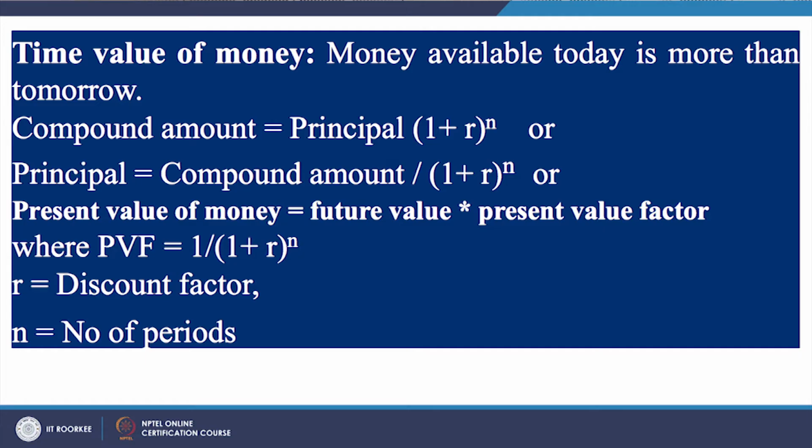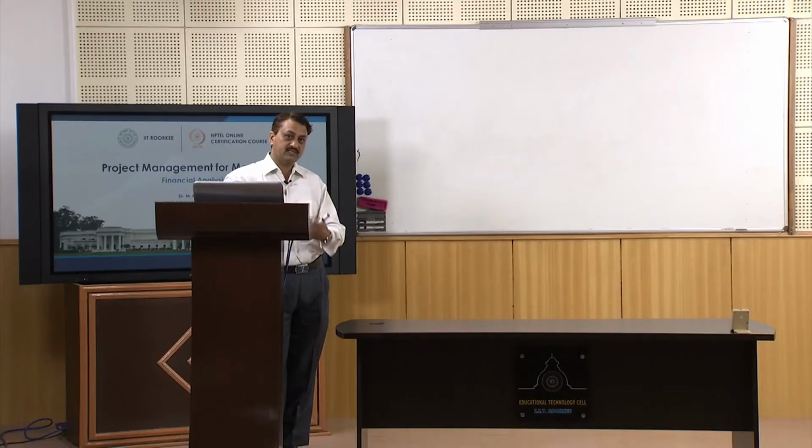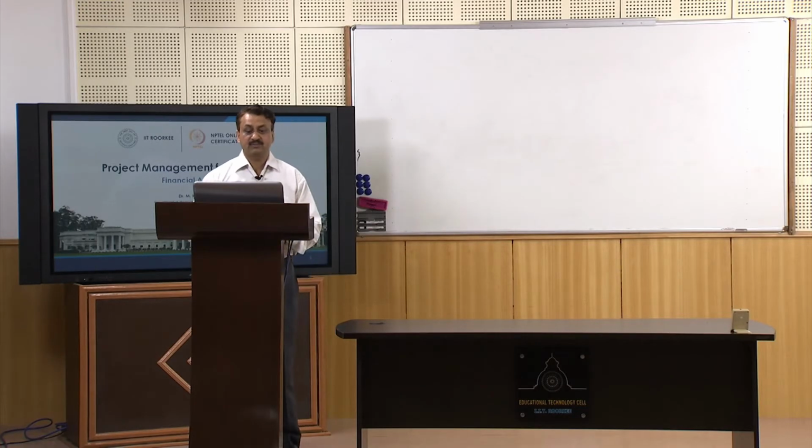You must know that compound interest amount is equal to principal into (1 plus r) to the power n, where r is the discount factor and n is the number of periods. You can also find the principal from this equation, which is equal to the compound amount divided by (1 plus r) to the power n. In other words, the present value of the money is nothing but its future value multiplied by the present value factor.